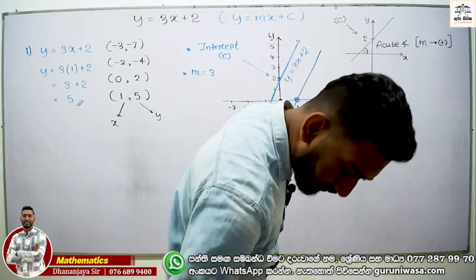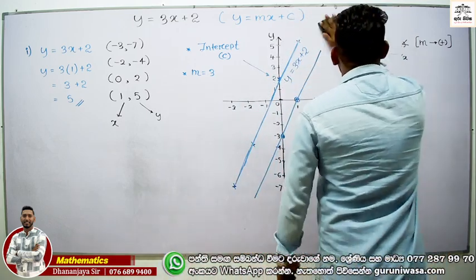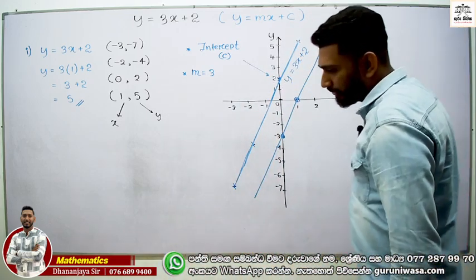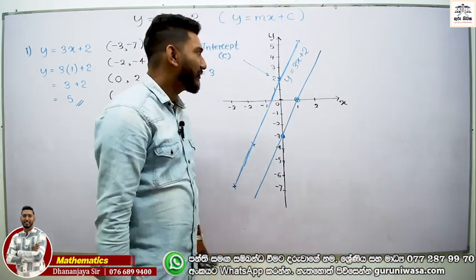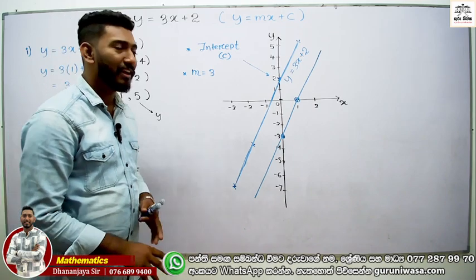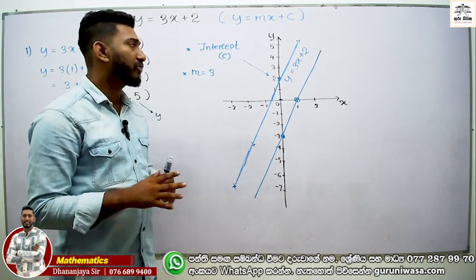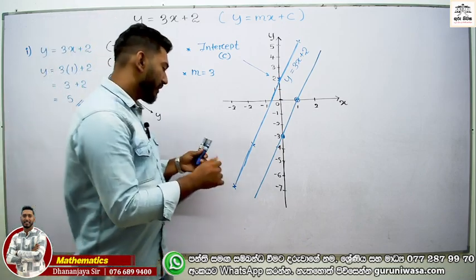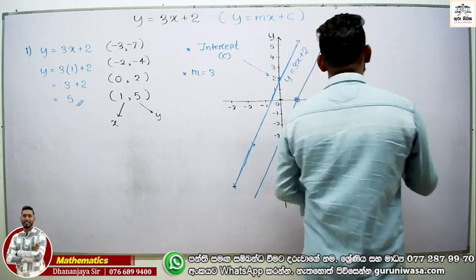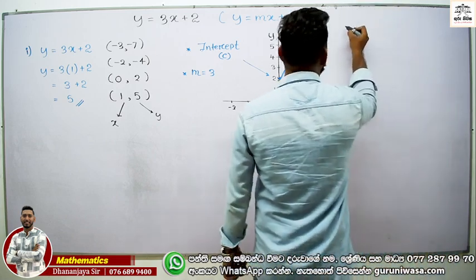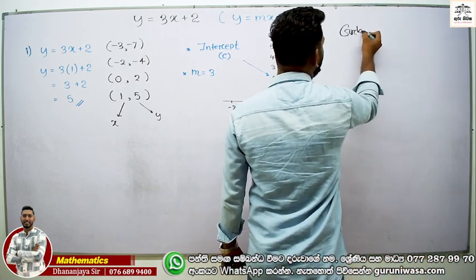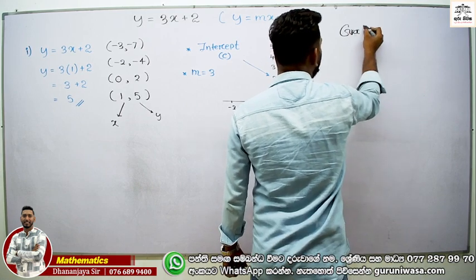Now listen. This is a very special part of this question, because definitely in the 2-hour paper, part A has 25 questions relevant to the graph. You can find the gradient using two coordinates.